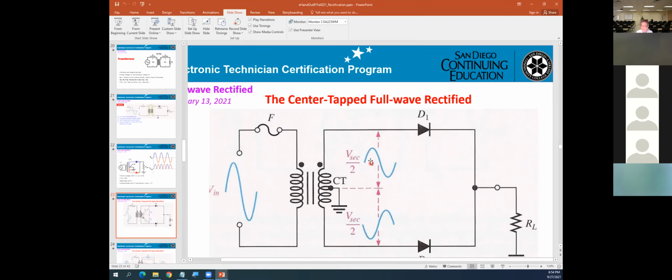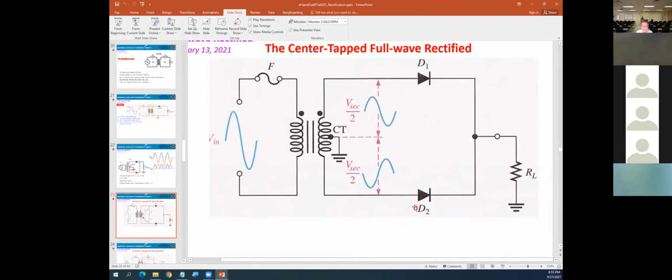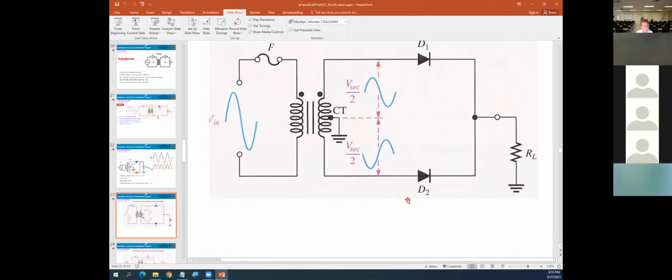So that's why when it's positive, they don't turn on this one. When it's negative, they turn on this one. When negative here, they turn off this one. When positive here, they turn on this one. So that's why they will be coming out both positive and negative. So that's why they call it full wave rectifier.